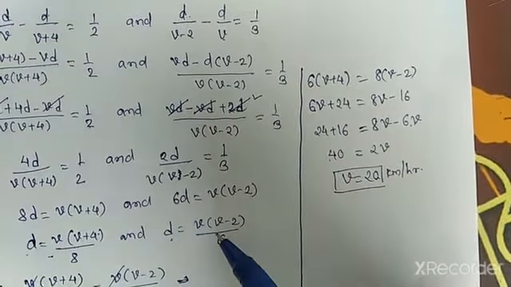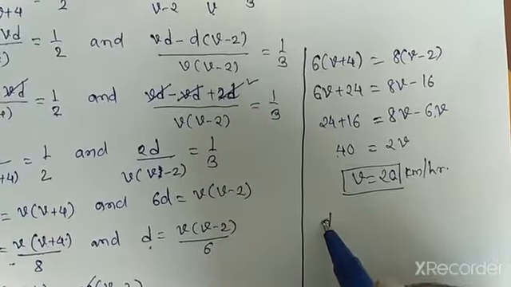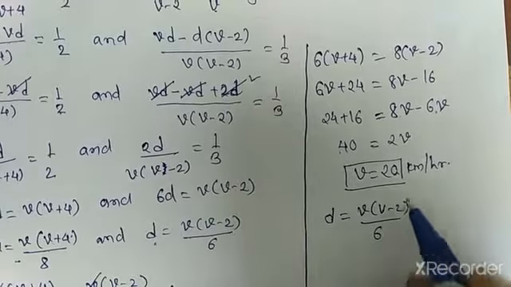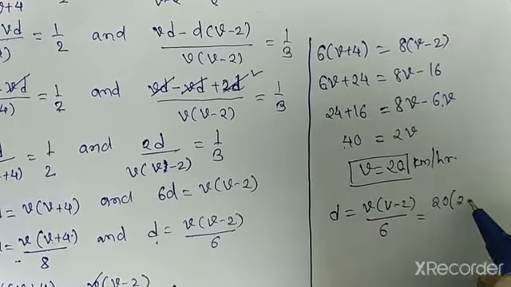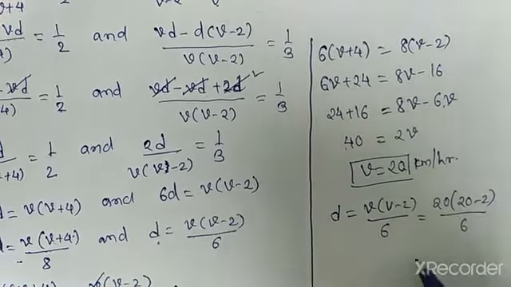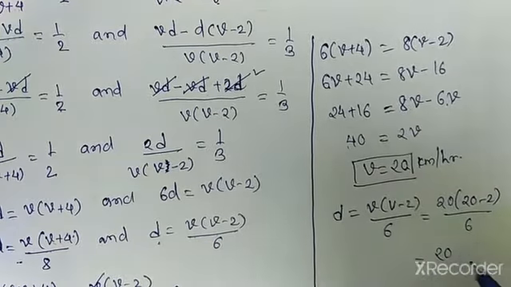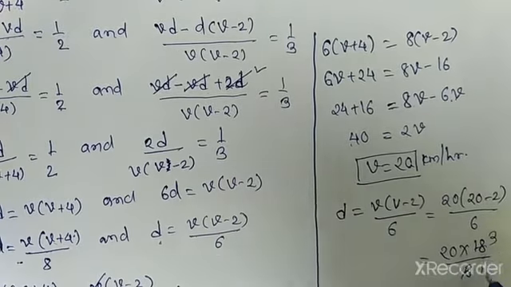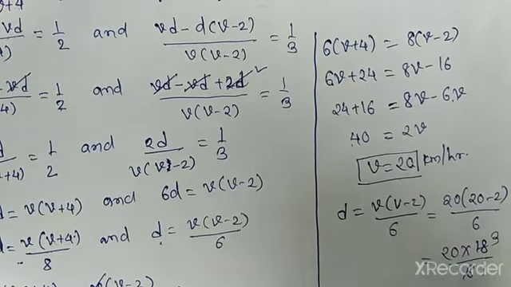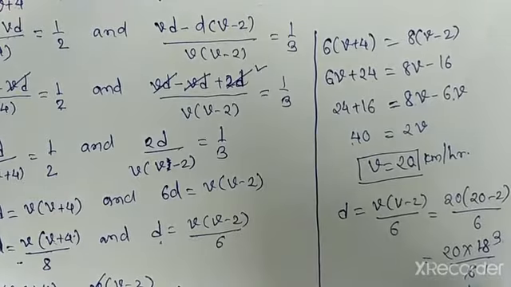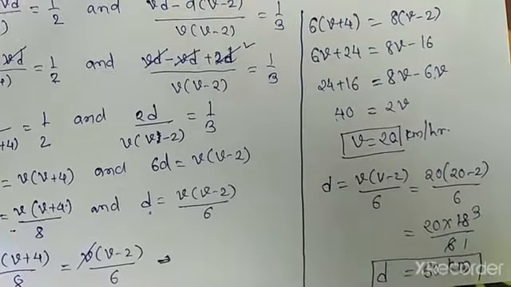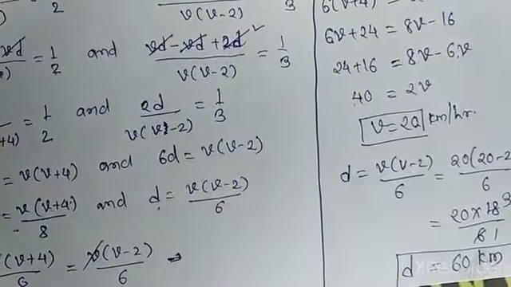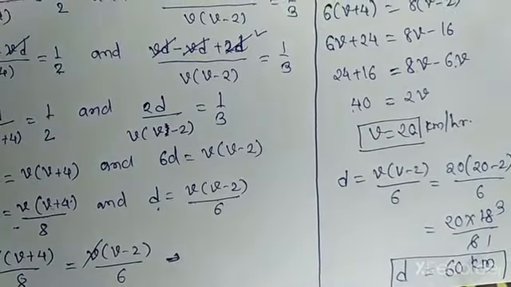So taking any one of them, d is equal to v into v minus 2 divided by 6, which is equal to 20 into 20 minus 2 divided by 6, which is 20 into 18 divided by 6. So d is equal to 60 km. Distance is 60 km. So the toy train covers 60 km, which is our required answer.